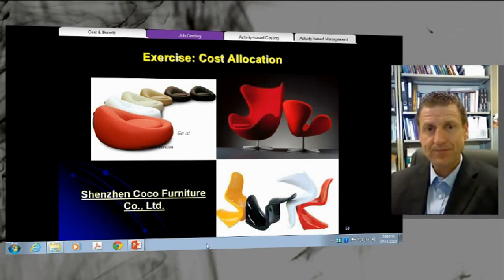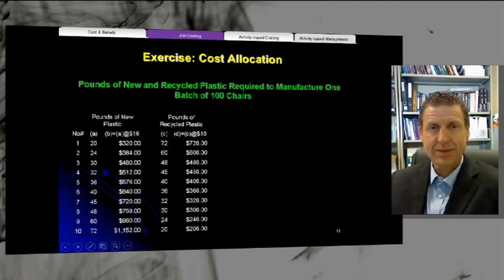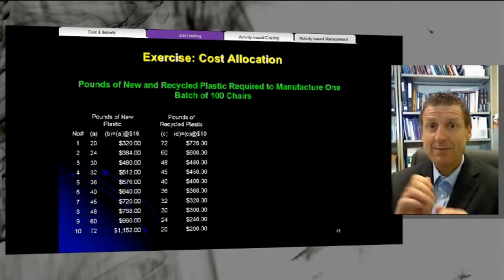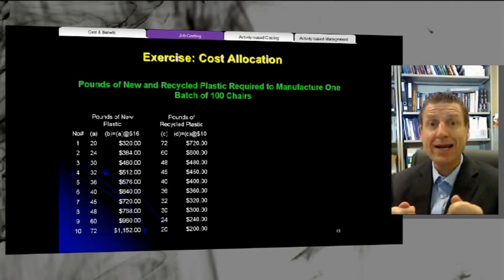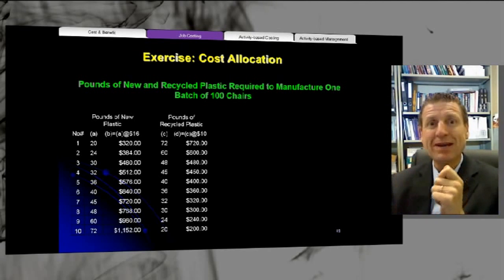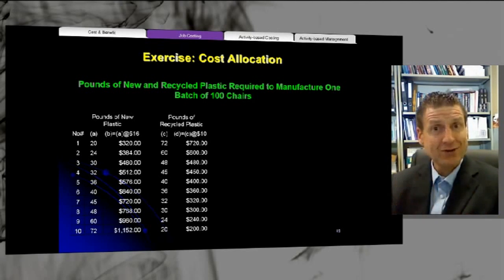Here we have two different types of materials. That is the decision point in this example, and the engineers have been working with combining new and recycled plastic, required to manufacture the batch of 100 chairs.